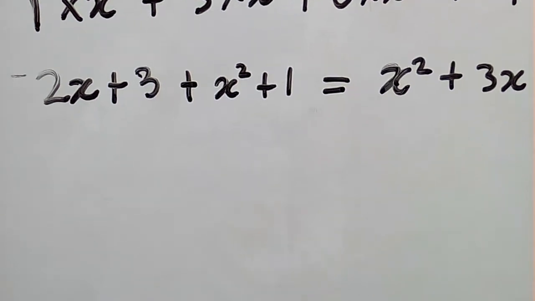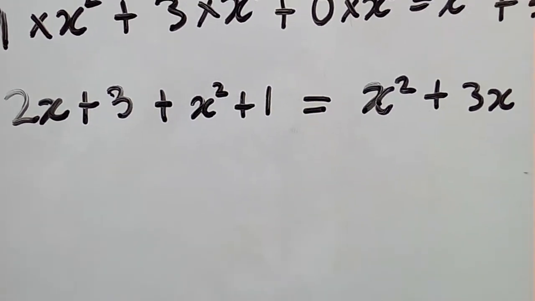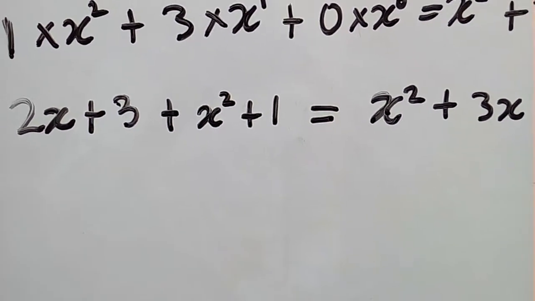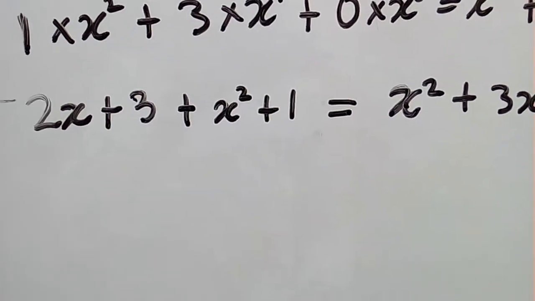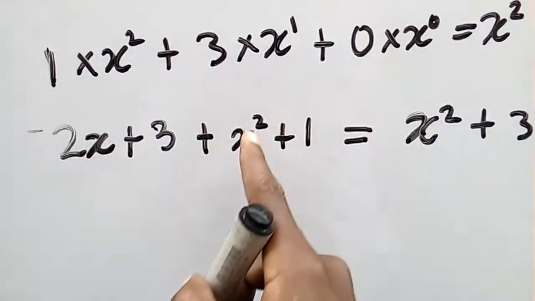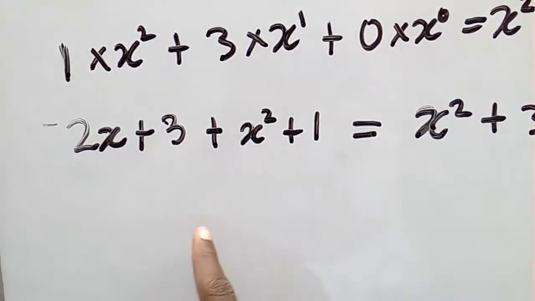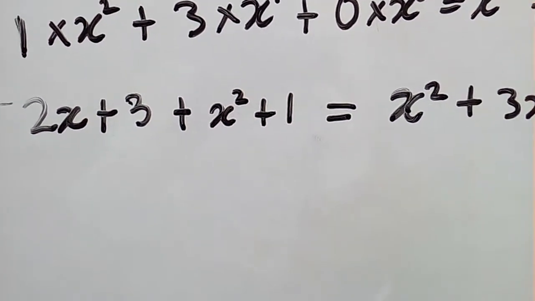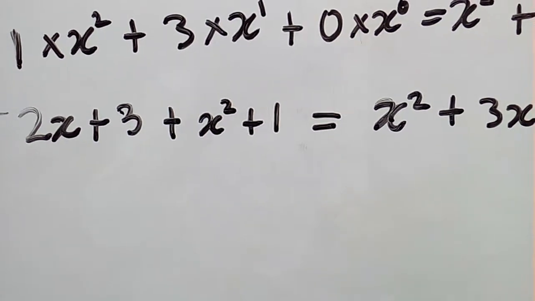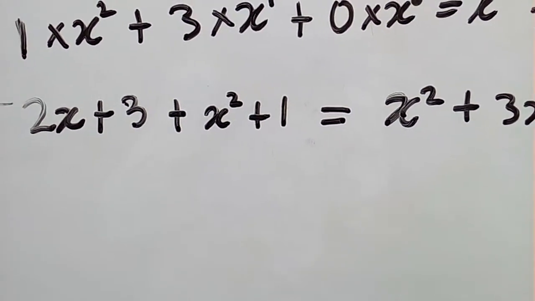Okay, so you know what we're gonna do next? Yes, we're going to collect like terms. Alright, let's collect the like terms. Okay, now if you collect the like terms, we will bring this x squared over to this side, and bring 3x over to this side, so we have a quadratic equation. Okay, let's take a look at it closely.